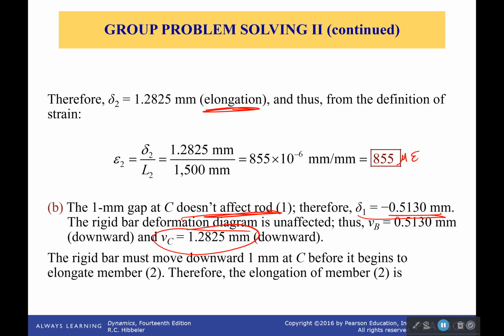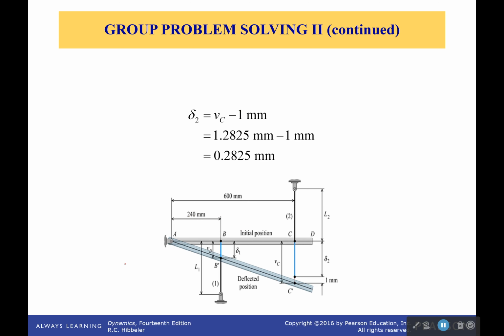However, even though the joint went down that far, it doesn't mean that the member elongated, because it's going to have to move 1 millimeter before it even begins to elongate member 2. Therefore, the elongation is far less. It's at 1.2825 minus 1 millimeter. And the reason for this is because the gap is over here, not over here, so our triangles stay the same, at least when it comes to deflection. Okay?